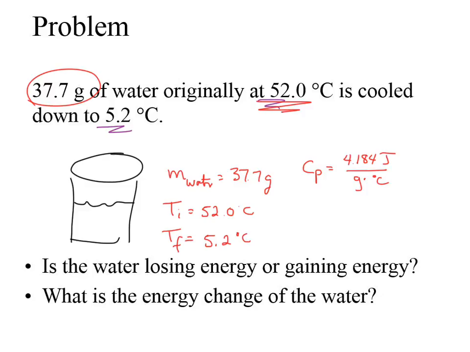It is losing energy because it's cooling down. The next question, what is the energy change of the water? Energy change is Q. So bottom line, all I need to do is Q is equal to M C sub P delta T. That's how we're going to work this, where Q is the energy change.